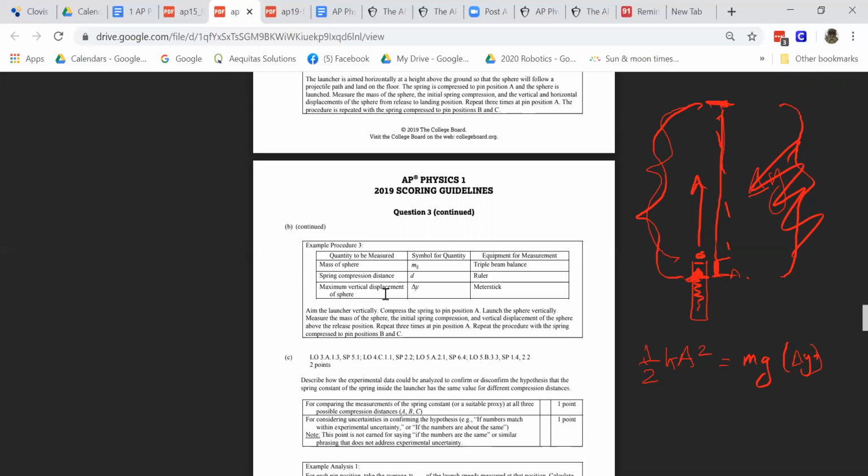And so now we have k equal to 2mg delta y over x squared, just based on the way we defined it. So that would be another way of doing it. You'd have to have maybe a video or something like that so that you can look at the video and measure the height where it stops. So that's another way of doing the problem.